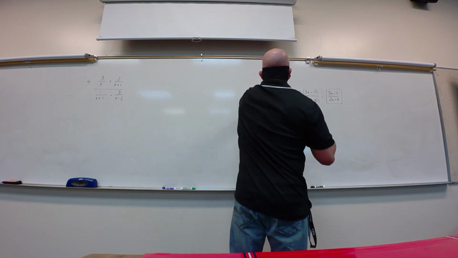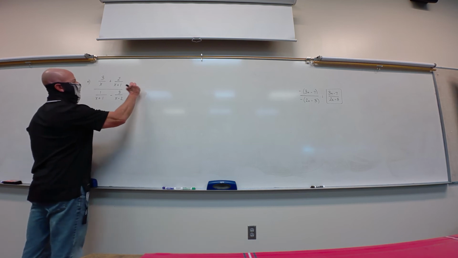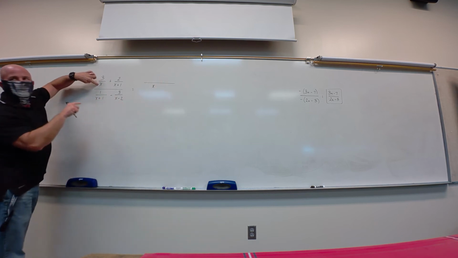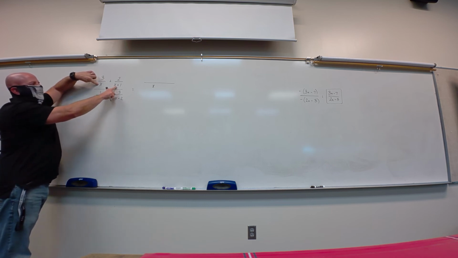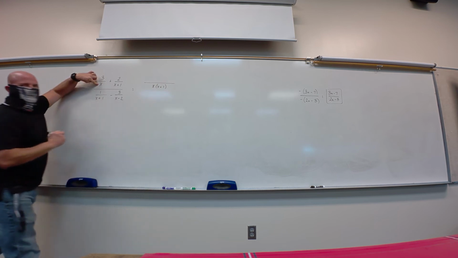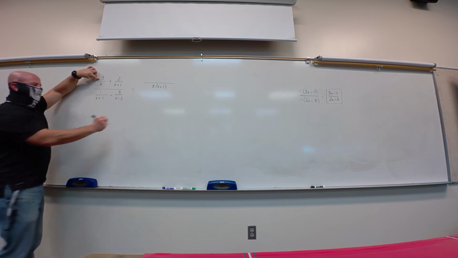So again, just to review that common denominator, what we said was, write the first one down, x. Then I look here. Wait, I need an x plus 1 because I don't have one over here. If I don't have it, I need it. Build the numerator, 3.